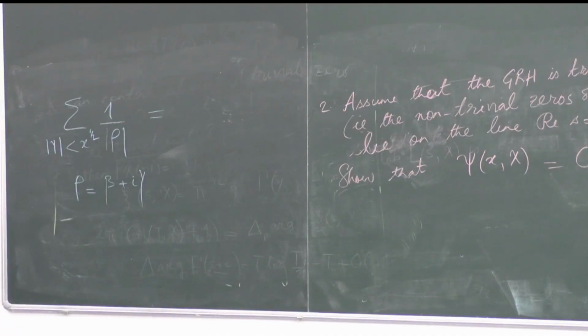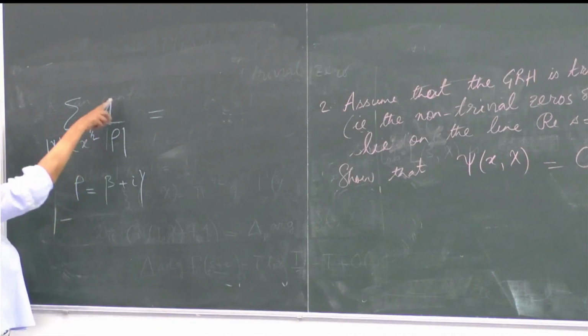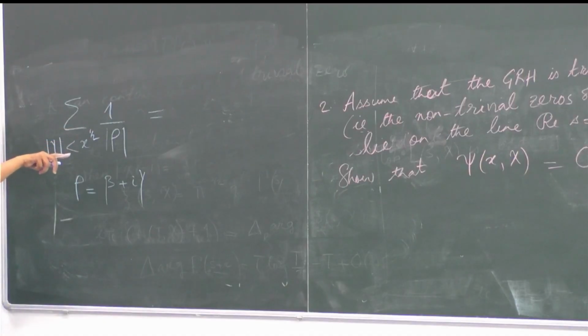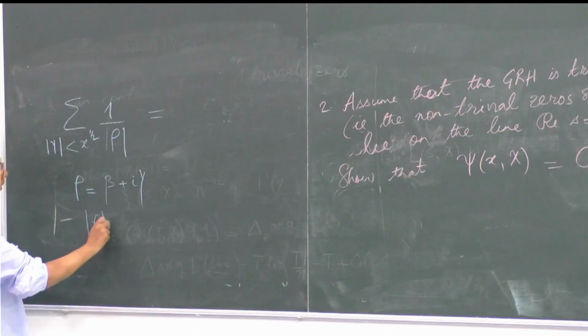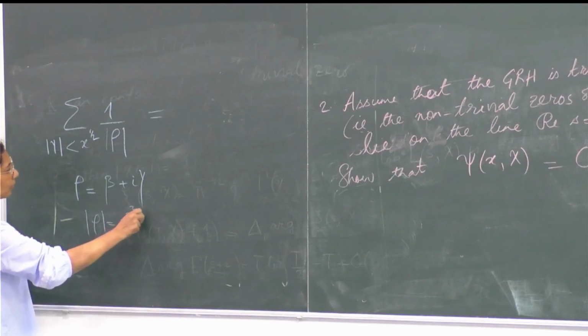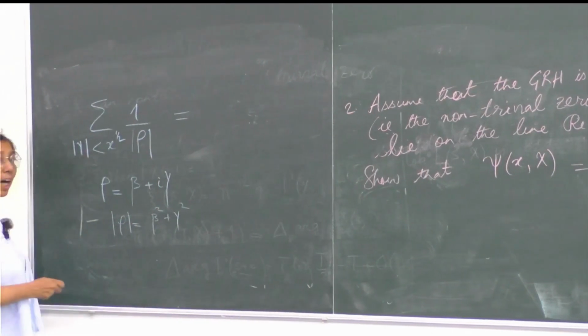Yeah. So this is something like 1 by x. I'm taking the modulus of this. So the modulus of this is going to be beta squared plus gamma squared, to the half.